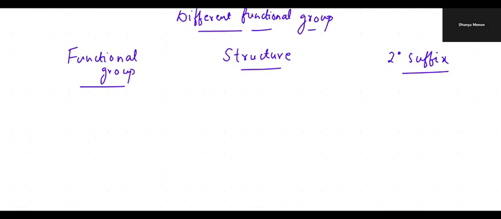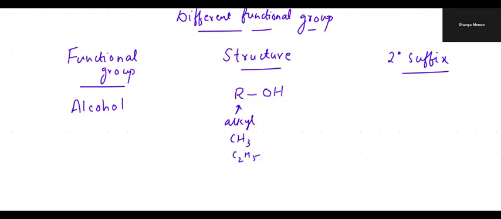The first one is alcohol. When the alcohol group is present, the structure we use is ROH, where R can be any alkyl group. It can be CH3, it can be C2H5, etc. And when alcohol is present, we use the suffix ol. The suffix that you have to use and the structure you have to remember.